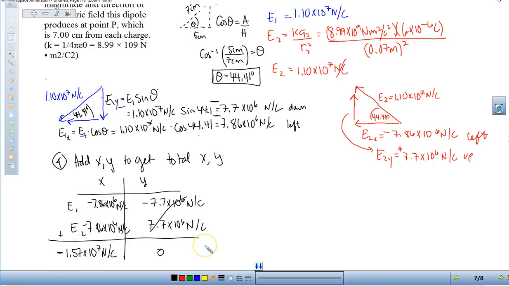So this has an interesting result because notice that this is 0 and then this is left over right here, which means I don't need to make a triangle because my final answer is all in one direction. It's only in the x. So even better, I can just write this as a statement that the final net field is 1.57 times 10 to the positive 7th newtons per coulomb left.